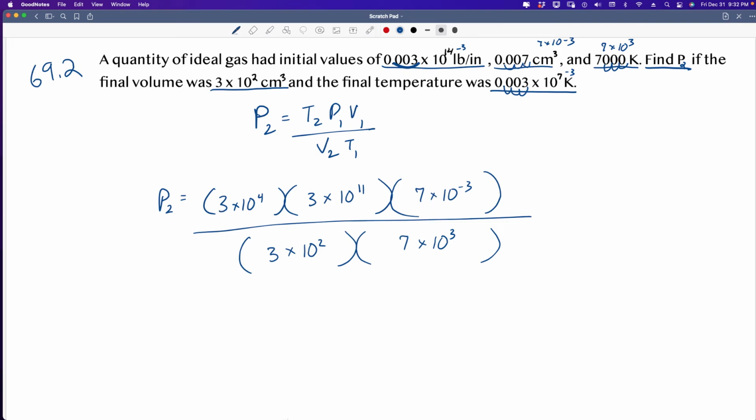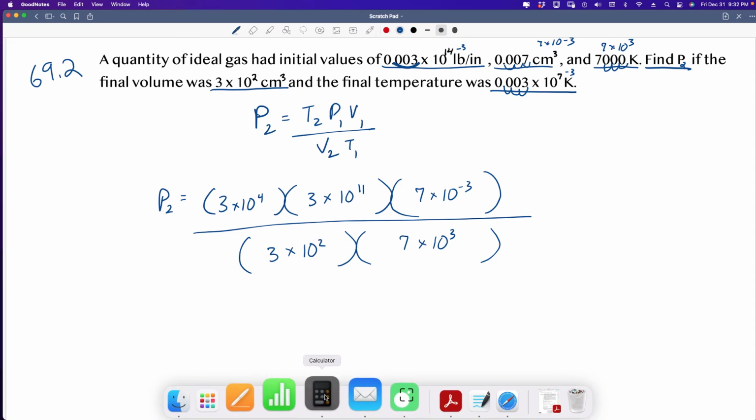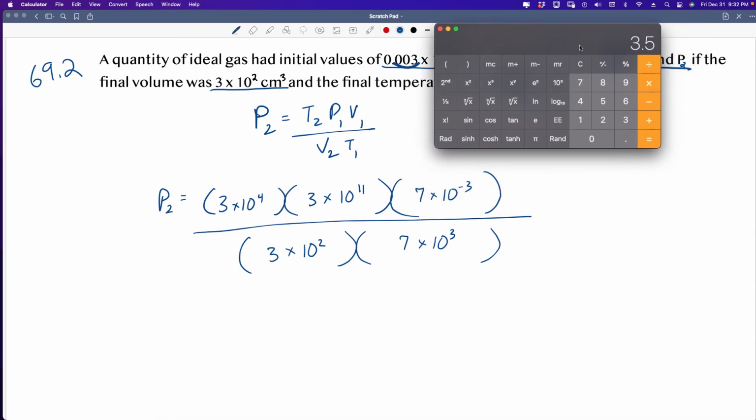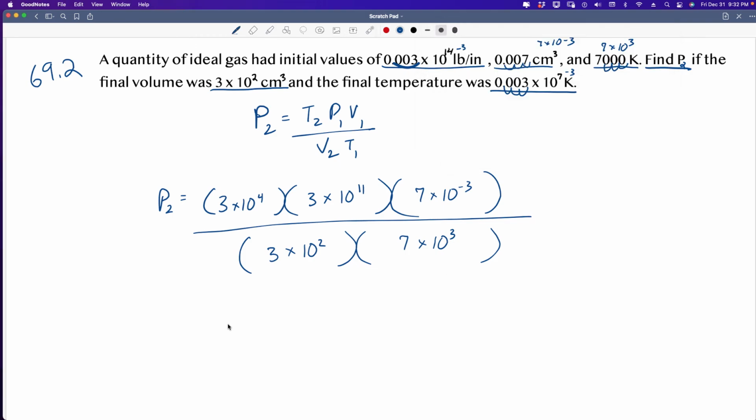I'm going to pull out my calculator because I can. 3 times 7, 63. So P2 equals 63 times 10. 4 plus 11 is 15. 15 minus 3 is 12. Okay, 3 times 7 is 21 times 10 to the 5th.